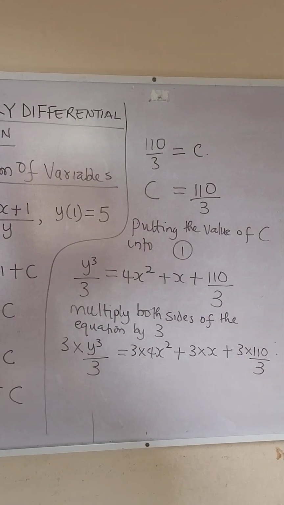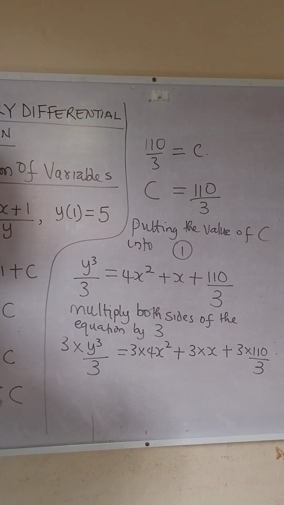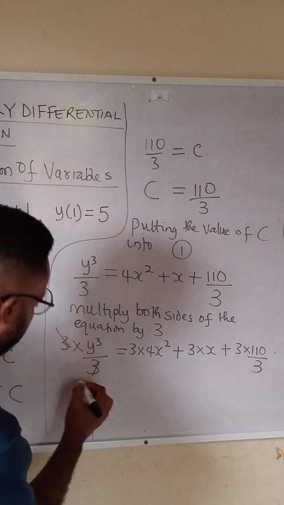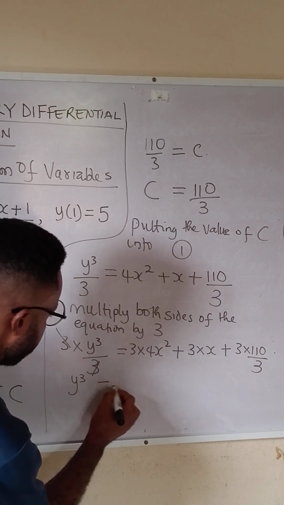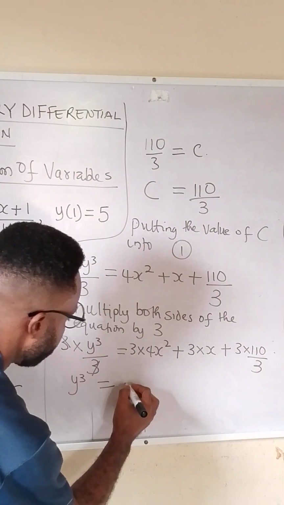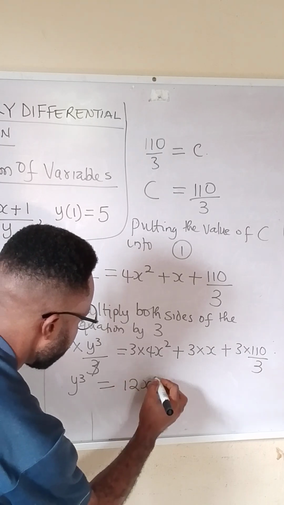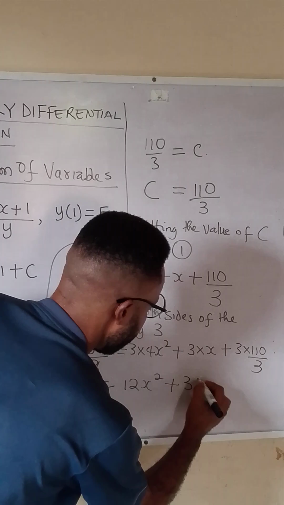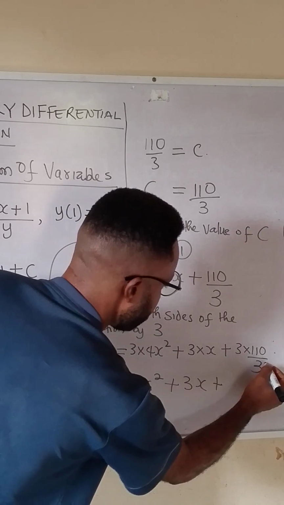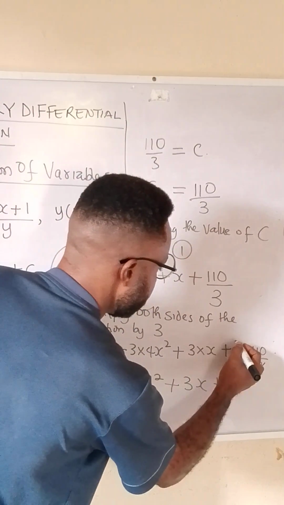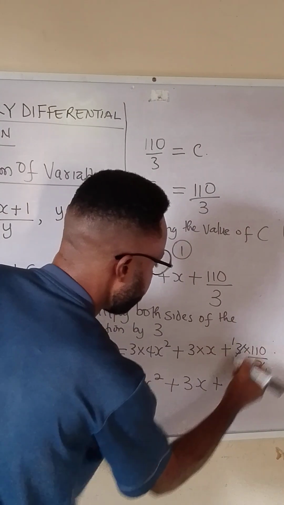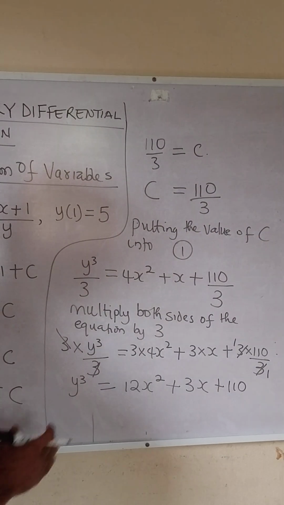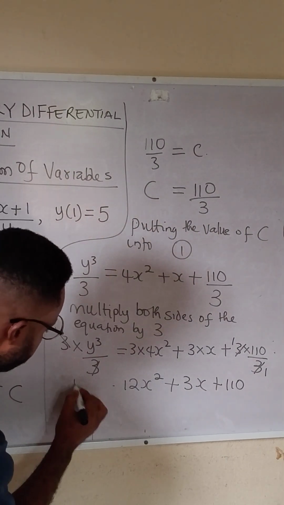So we've multiplied both sides independently by 3. We can cancel out the 3s, so that y cubed is equal to 12x squared plus 3x plus 110.